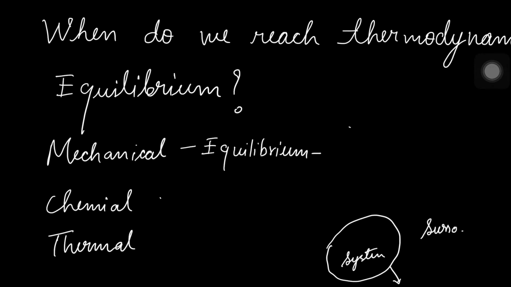When do we see a chemical equilibrium? When there is no change in the chemical composition. What does chemical composition mean? Let's say this system comprises 70% oxygen and 30% carbon dioxide, just as an example.